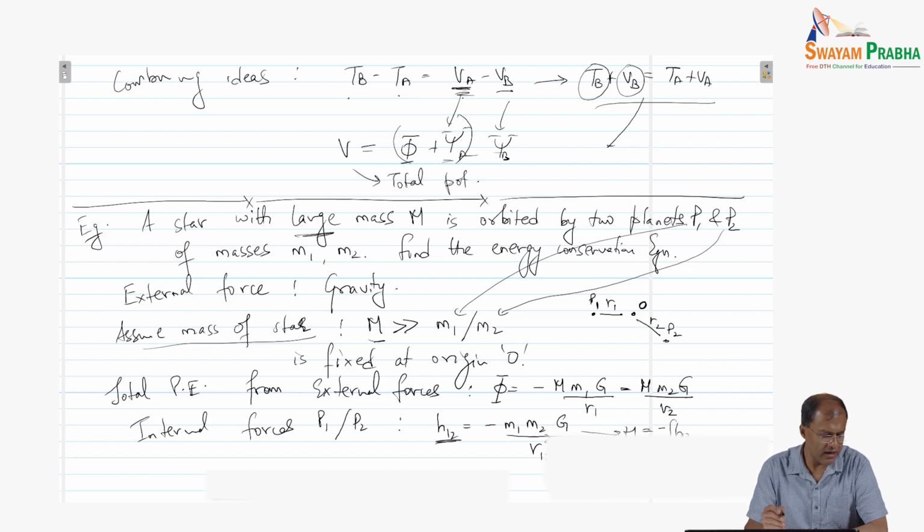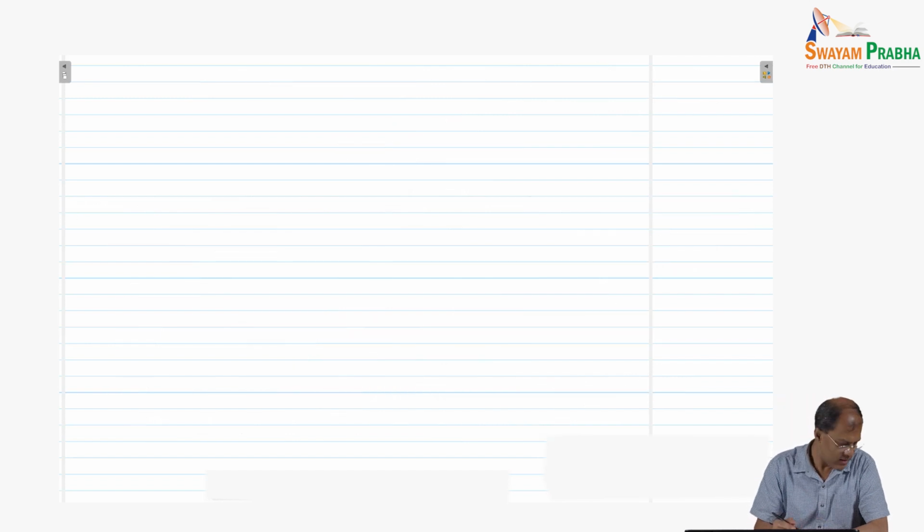So now I can write down the entire expression. So see, we want to find the total energy of the system. So I can write down the entire expression for the energy of the system, right? So what we have got is energy conservation.